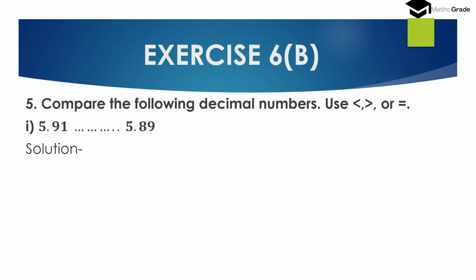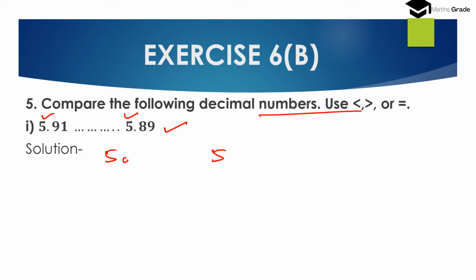Now question number 5. Compare the following decimal numbers, using less than, greater than or equal to. First part, 5.91 and 5.89. In 5.91, 5 is the whole part and 0.91 is the decimal part. Here also the whole part 5 is equal.